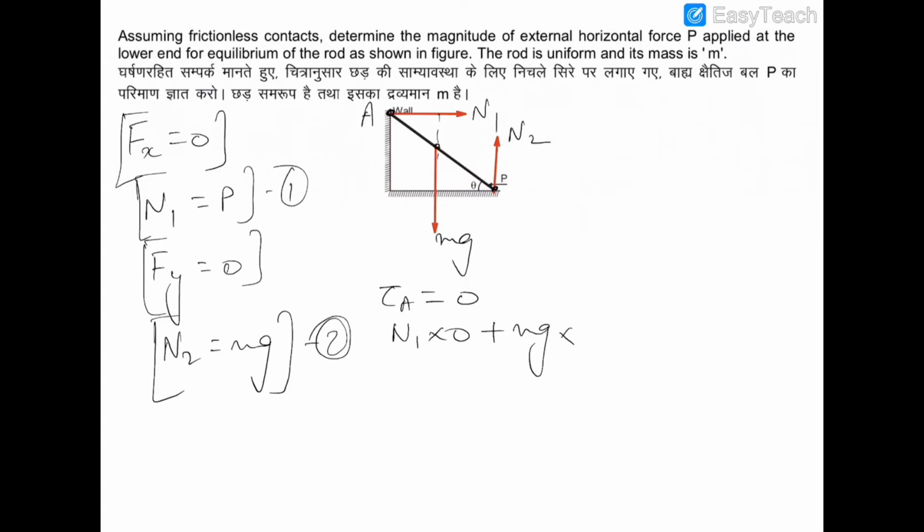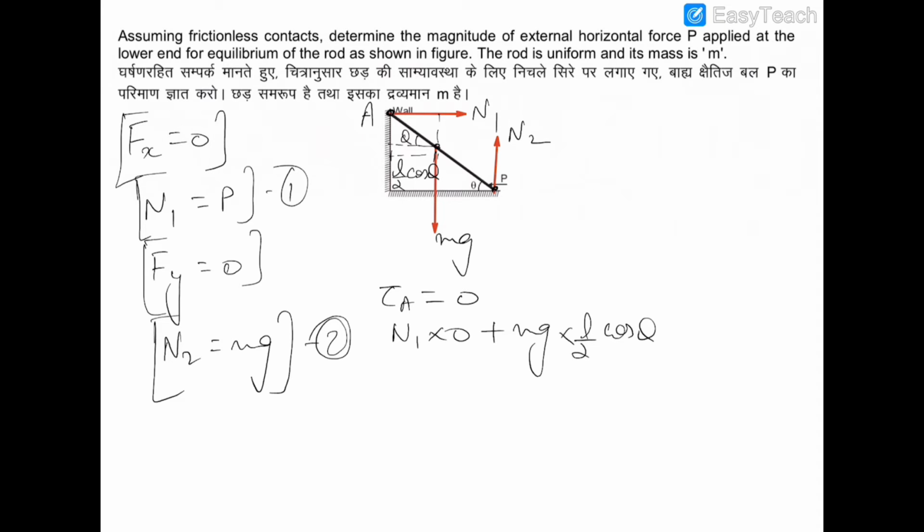We can find this distance: this angle is theta, and if the length of the rod is L, then this would be L by 2 cos theta. So this would be mg into L by 2 cos theta.